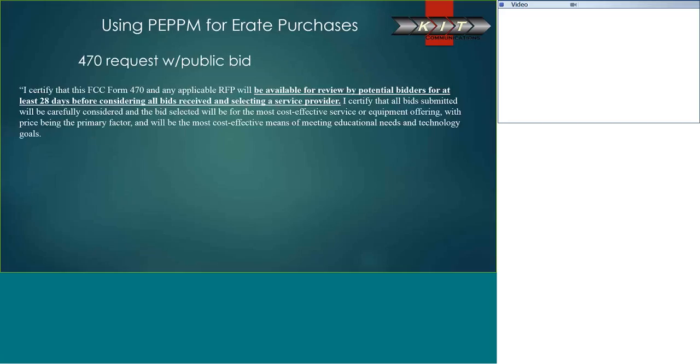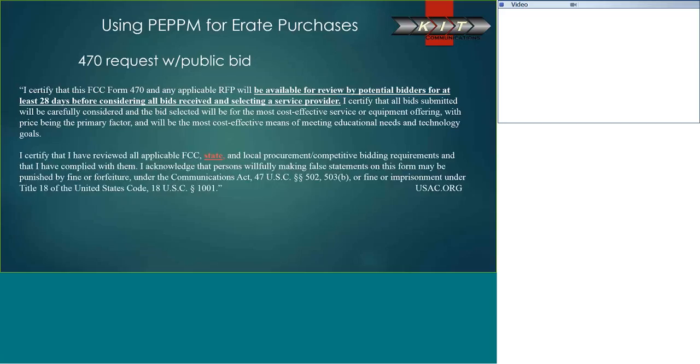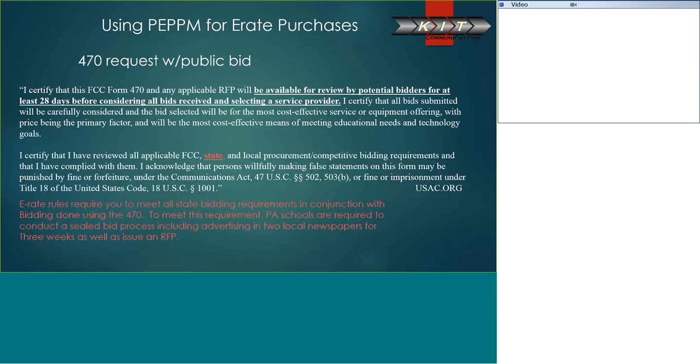The 470 request with public bid is a little bit more cumbersome. You'll have to fill out the 470. You'll have to issue an RFP. You will have to make sure that it is available for at least 28 days before they consider. You will have to have a sealed bid process. You'll have to advertise in 2 local newspapers for 3 weeks.